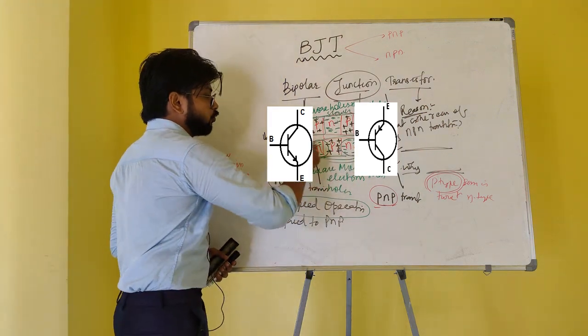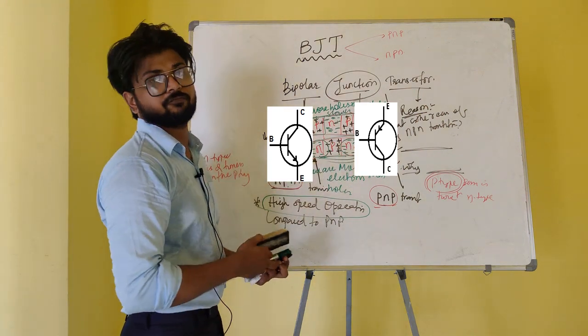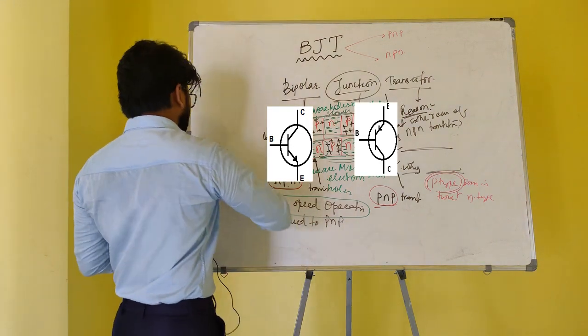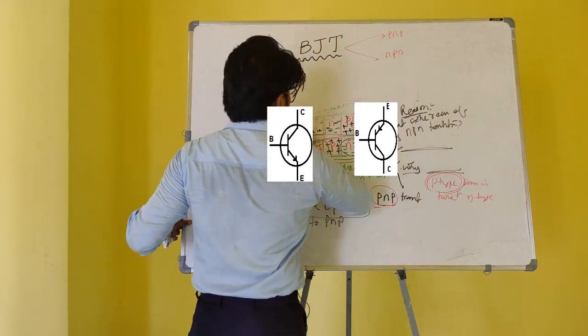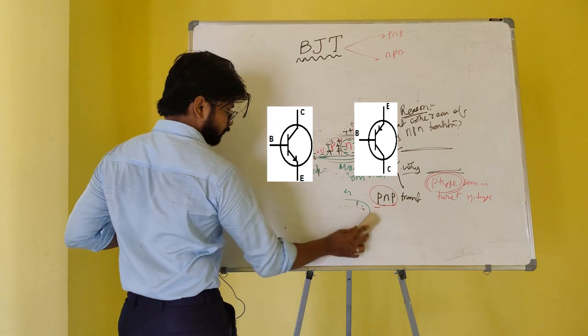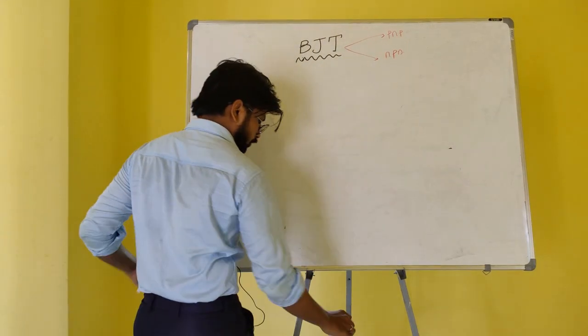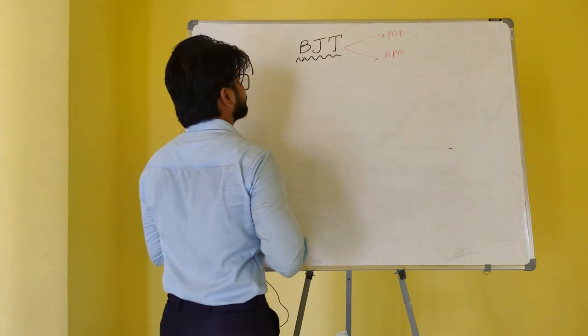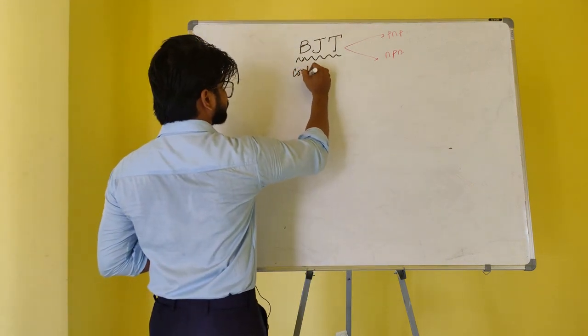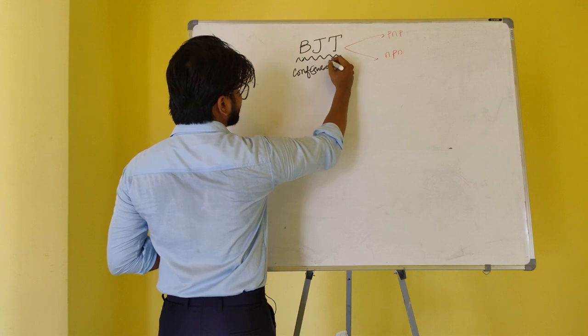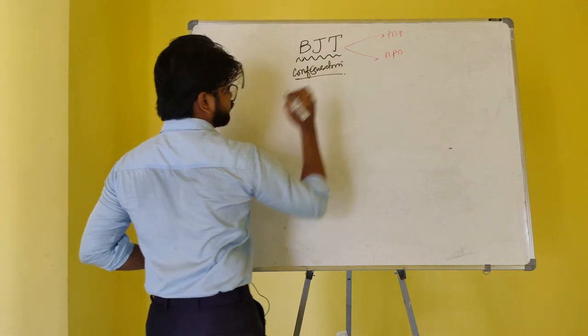Now, holding the NPN transistor, we will move on to the bipolar junction transistor configurations. There are three types of configuration.